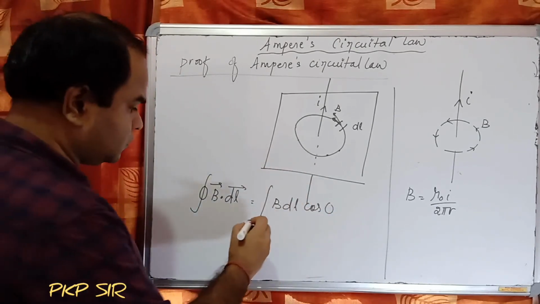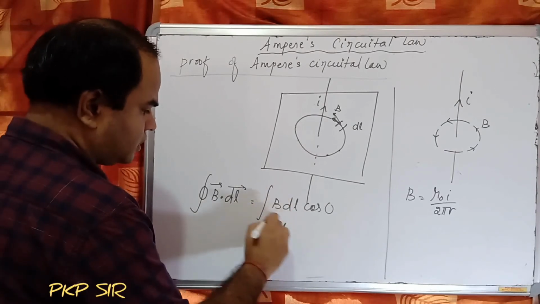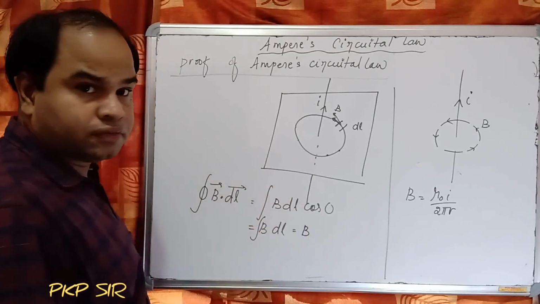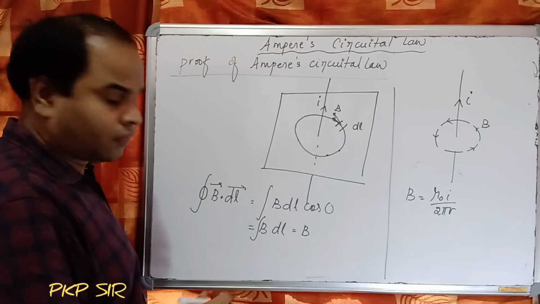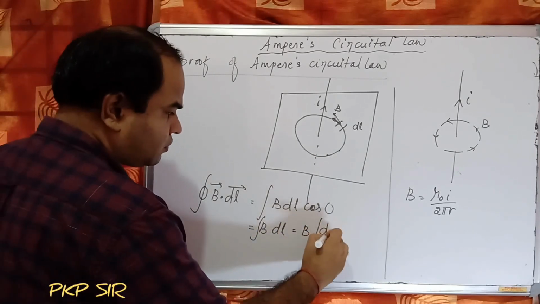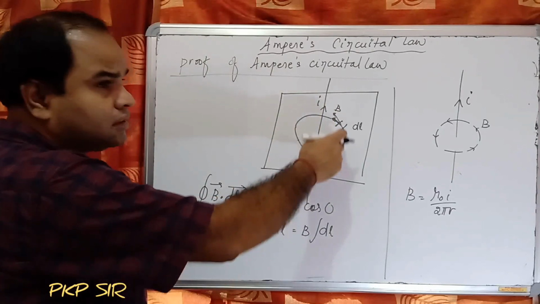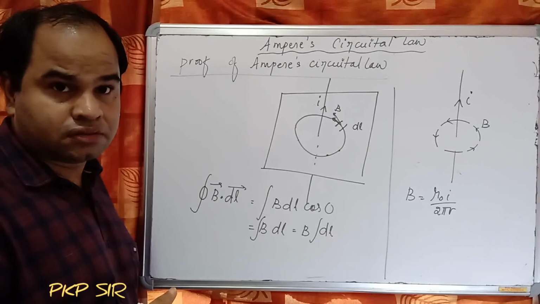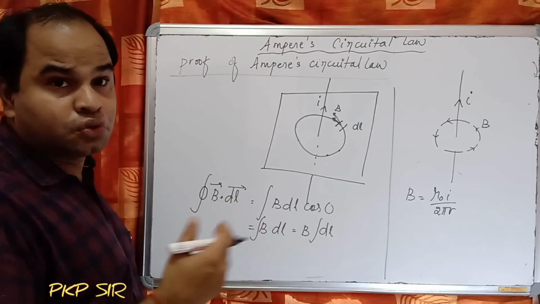So this is B, this is dl. B is constant at every point along this closed line. Integration of dl gives the total length, which is the circumference of the circle. The radius of the circle is r, so the circumference is 2 pi r.